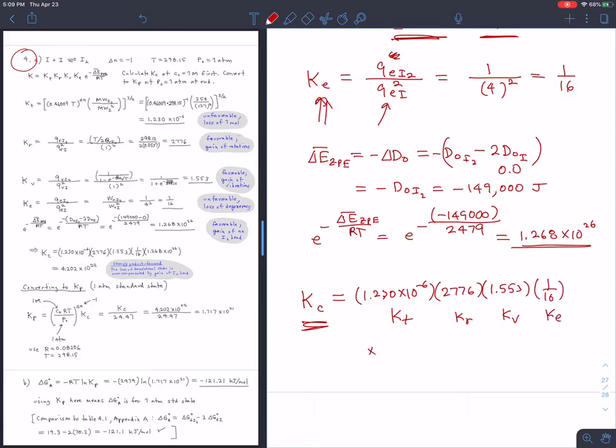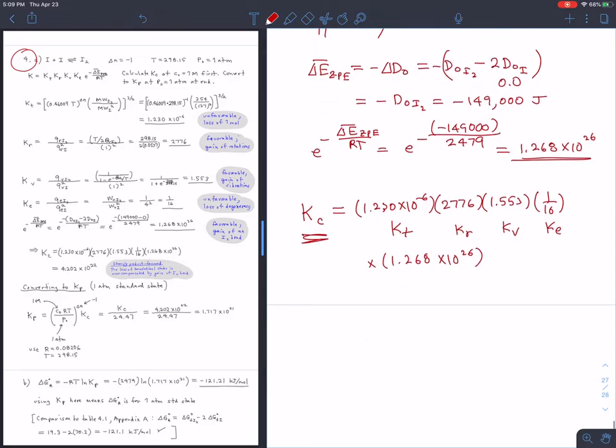And then times 1.268 times 10 to the 26. That is the ZPE factor, or the bond energy factor, and that gives us all together 4.202 times 10 to the 22 for the equilibrium constant for the formation of iodine molecules from iodine atoms.